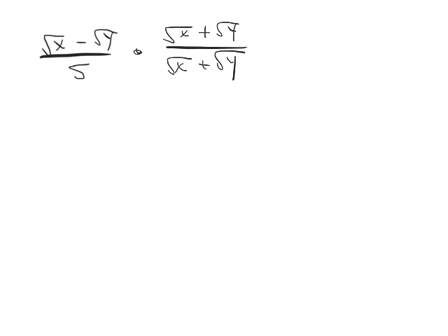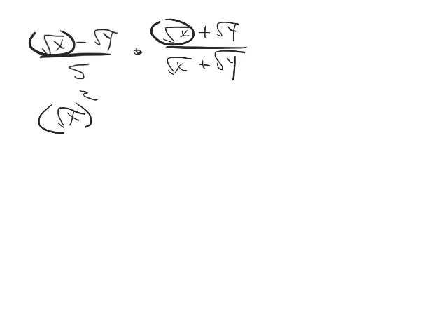So when we multiply that, we do our FOIL method, and we get the square root of x, the quantity squared, when we multiply that and that. Then we do our inside and outside, which makes the O and the I of FOIL disappear because of the negative here and the positive here.